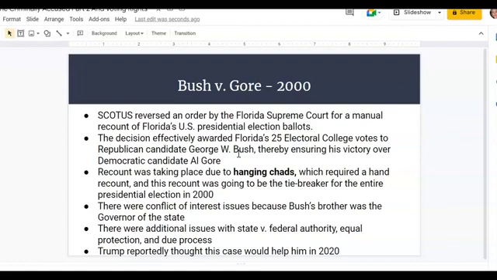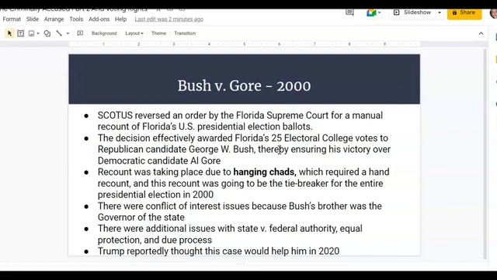So that election was essentially decided by the Supreme Court. What happened was it was a really close election. It seemed to be coming right down to a tiebreaker situation, and the electoral votes in Florida were going to decide whether or not Bush won or Gore won this election.